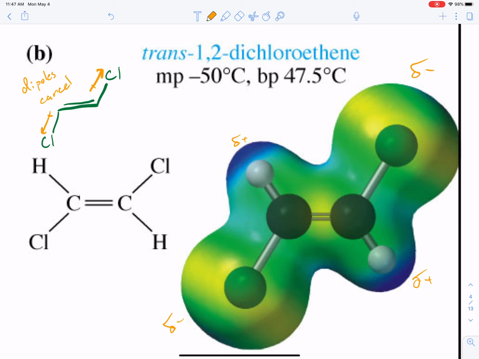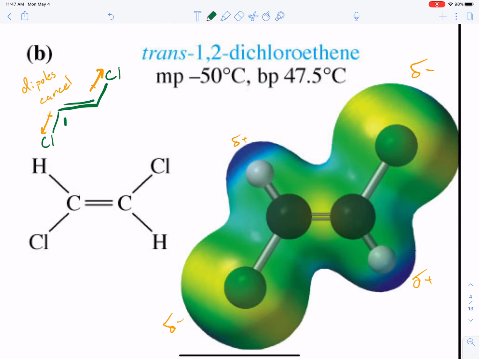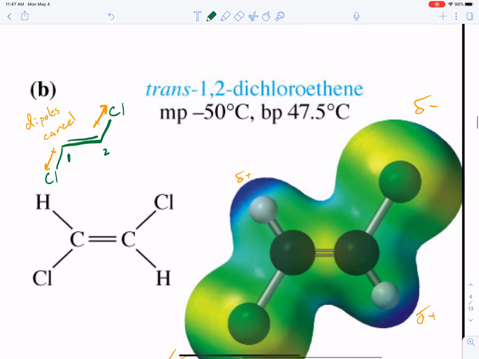But I want you to notice something. This is also an ethene, and it is a 1,2-dichloroethene. Here's number 1, here's number 2. Or you could reverse it and say number 1 on the right and number 2 on the left. But notice those chlorines are on opposite sides. So that means this has to be trans. So what does that trans mean?